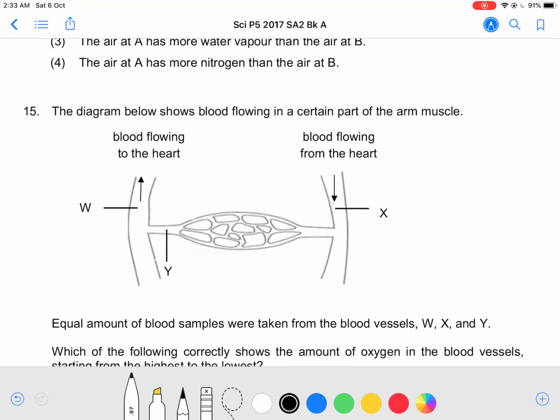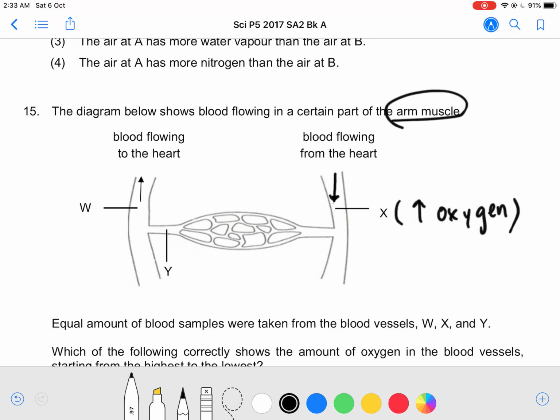Question number 15. So this is an arm muscle. It's not a heart, it's an arm muscle. This is the direction of the flow, from the heart. So you can already say that this is fresh blood containing a lot of oxygen, because it just comes from the heart.